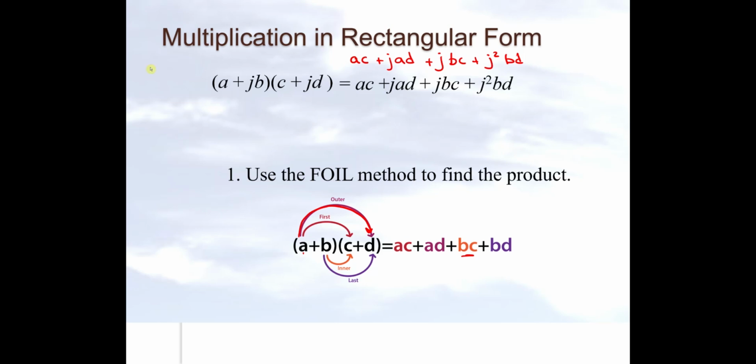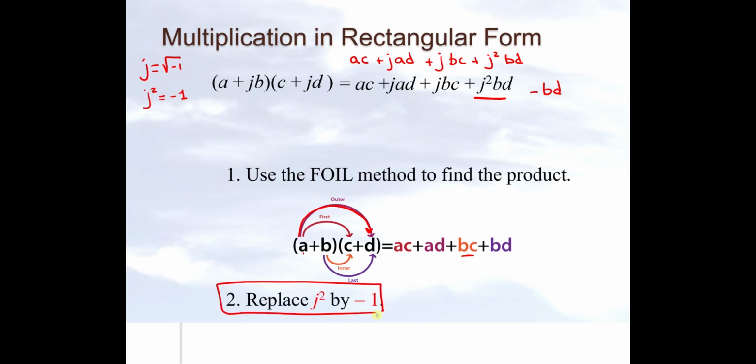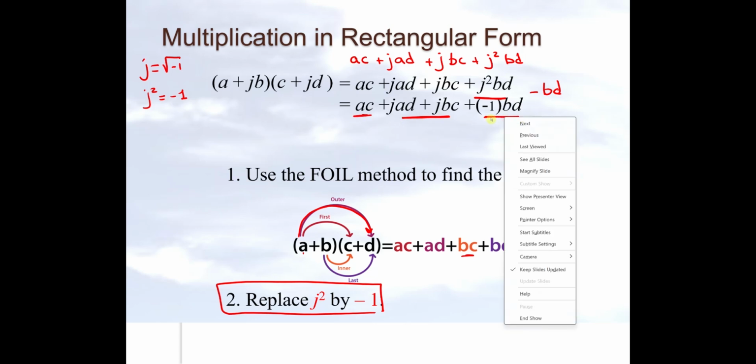Now remember that j is equal to the square root of -1, and as a result, j squared is equal to -1. So this term corresponds to minus bd. We replace the j squared by -1. Now you can see that you have two imaginary components and two real components.